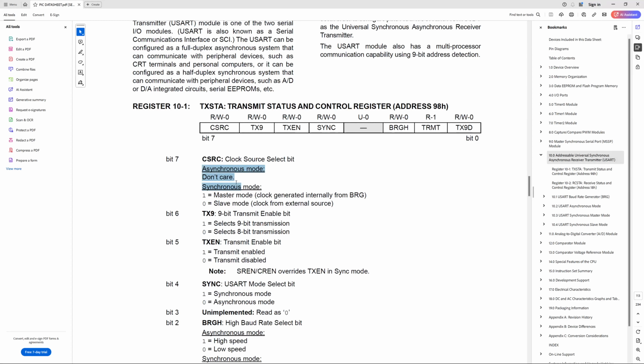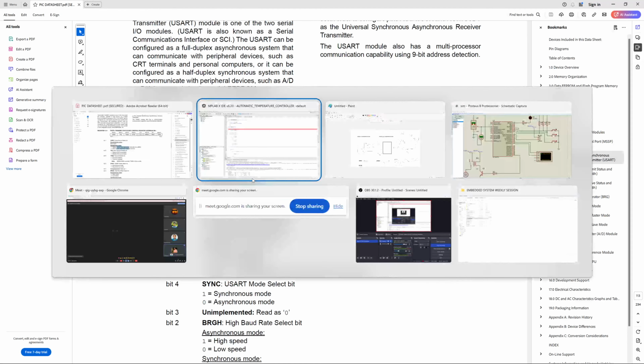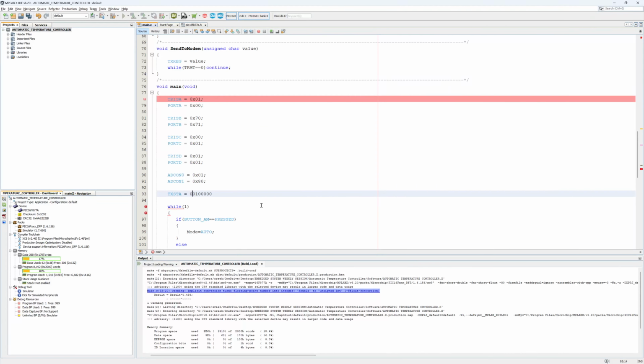In asynchronous mode, it is don't care. In synchronous mode, it means something which is not relevant to our current discussion, so I am skipping that portion. Don't care means you can keep 0. So this is the value which we got. The first portion is 2, 0x0010, right? That is 2, and the remaining portion is 0. So we can write it like this.